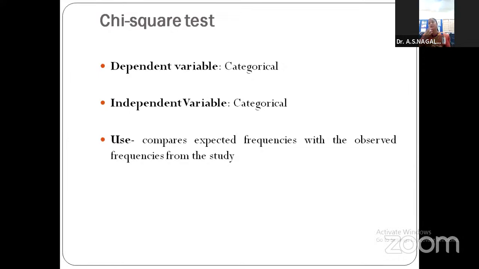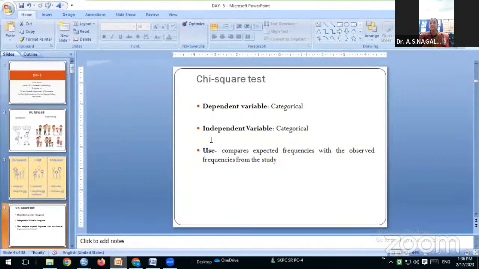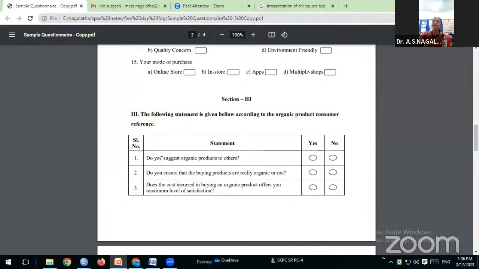Here we have taken organic products. We have categorical questions here. Do you suggest the organic product to others?